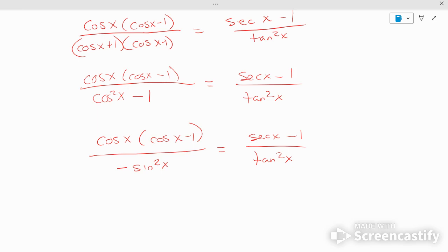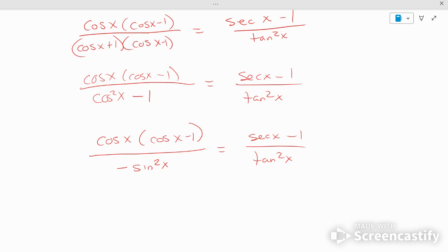Hopefully I wrote down this problem right. I think I did. Okay.